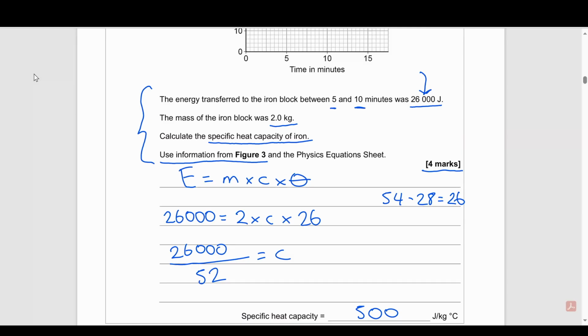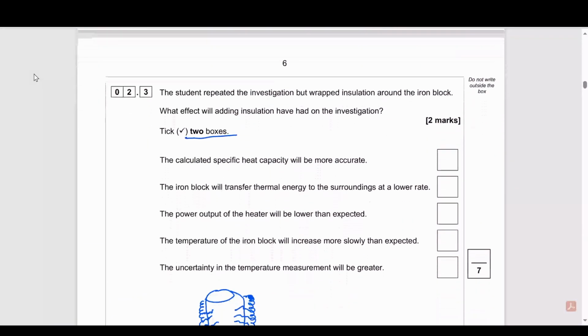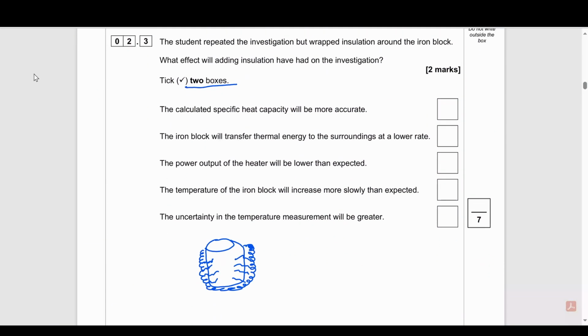Well, the temperature would start to rise, but with the insulation wrapped around it, we would expect the temperature to not decrease as much or continue to increase fast. And the reason is because less is being transferred to the surroundings. So the temperature change would be closer to its true value, and that would mean that specific heat capacity, when you calculate it, will be closer to the true value. And that's what the word accurate means. And that should mean that the first statement is correct.